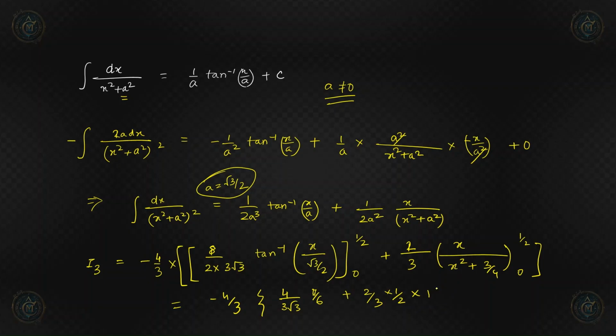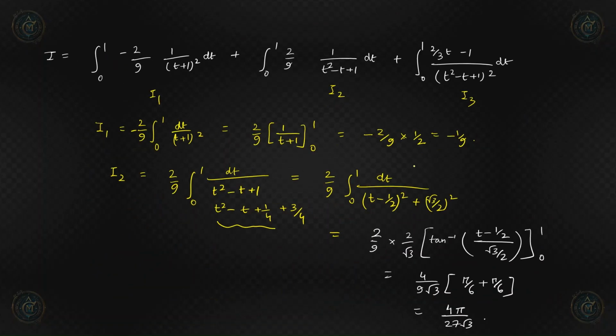So this finally becomes minus 4 by 3 times 2 by 3. So 2 by 9 root 3 pi, and then plus 1 by 3. This is our I3.